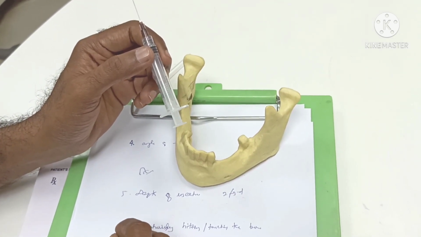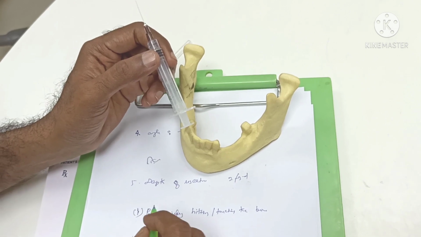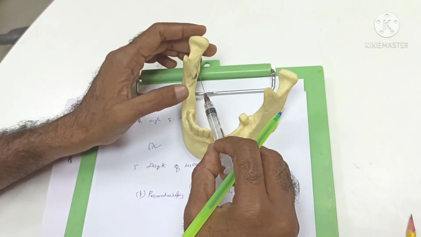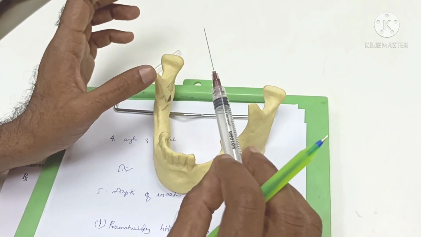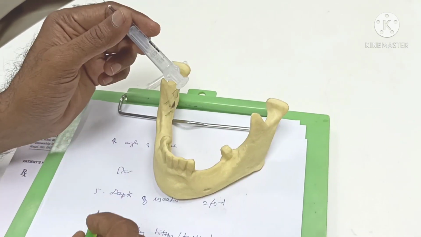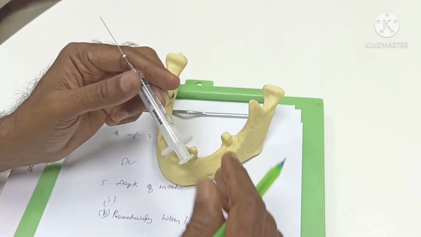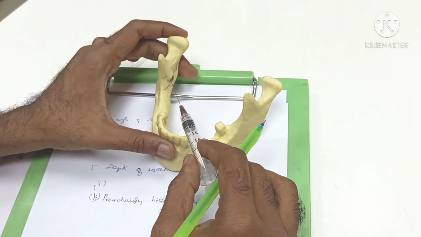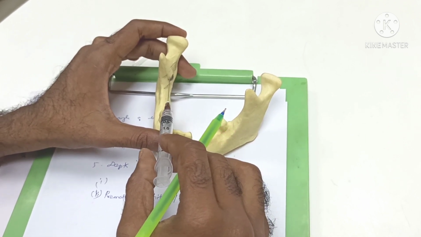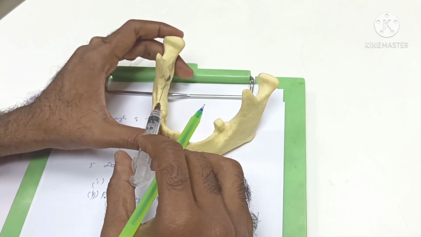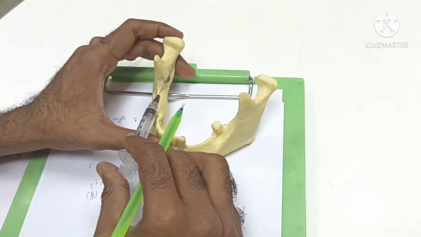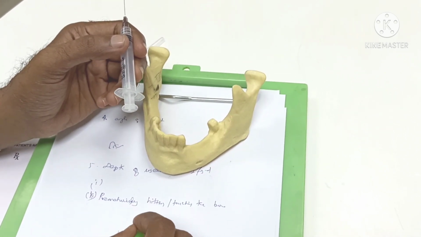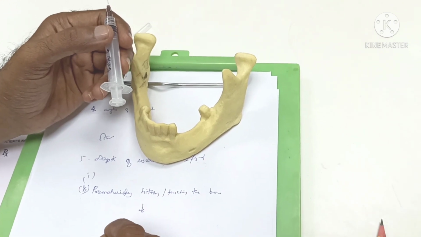The first possibility is you enter 2/3 and you hit bone, then you inject. The second possibility is that it prematurely touches the bone surface. At that time what you have to do is move the syringe to the same side, go deeper and deposit.